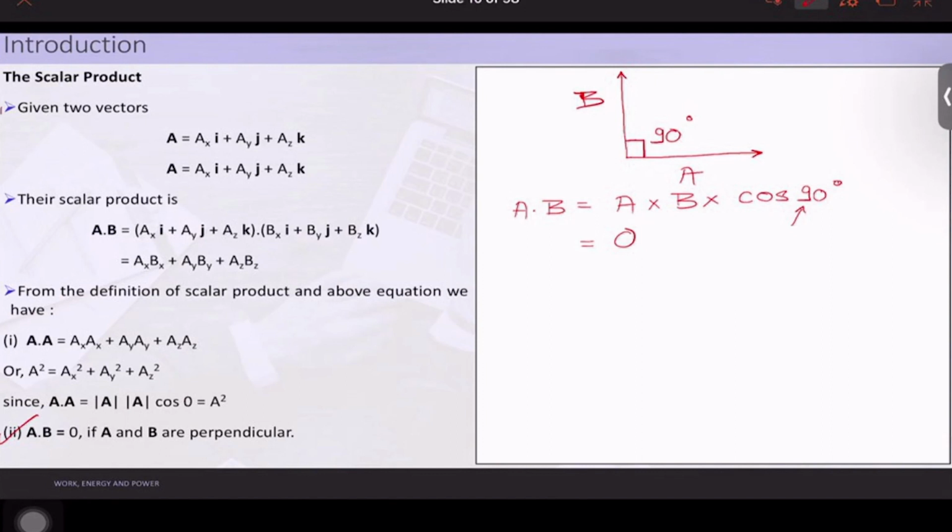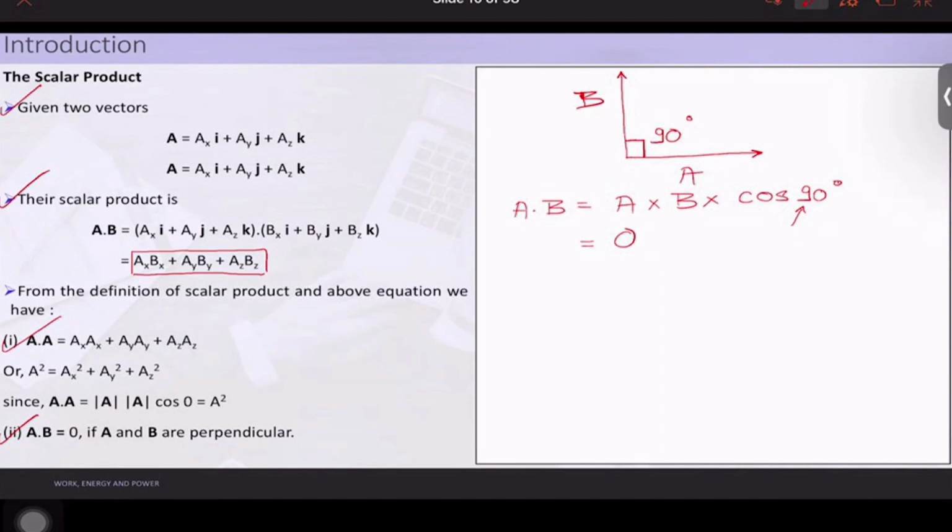Fine. So we have understood this complete concept also, that A dot B is ax bx plus ay by plus az bz. Using this property, we understood that A dot A is equal to the square of the magnitude of vector A. And again, the next thing we understood was, if A and B are perpendicular, then the scalar product of the two vectors is 0.